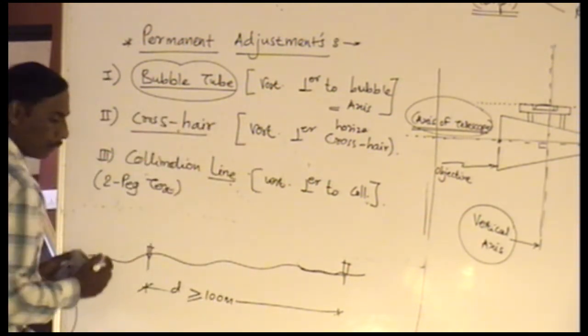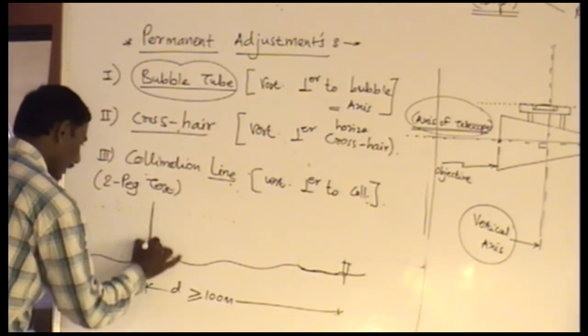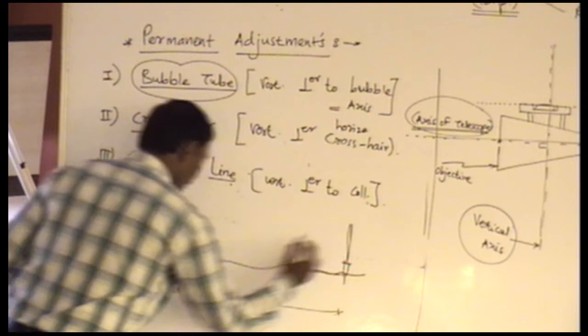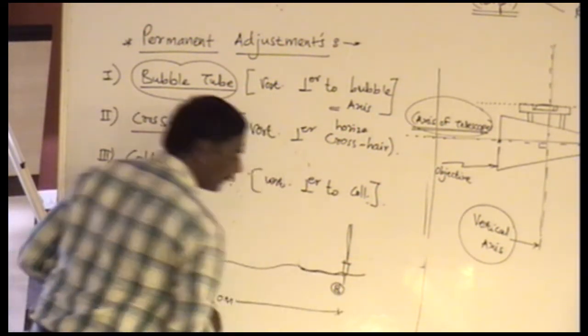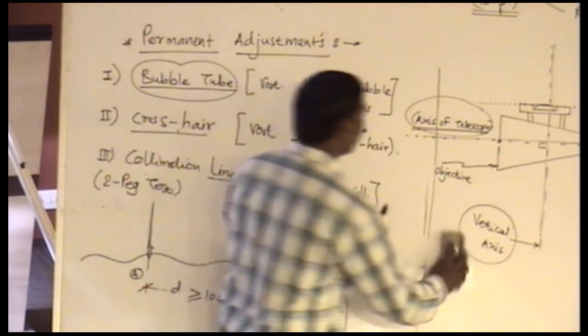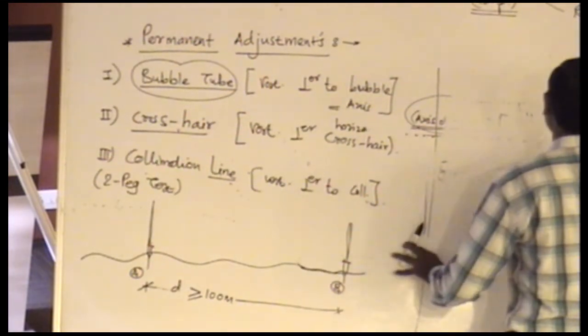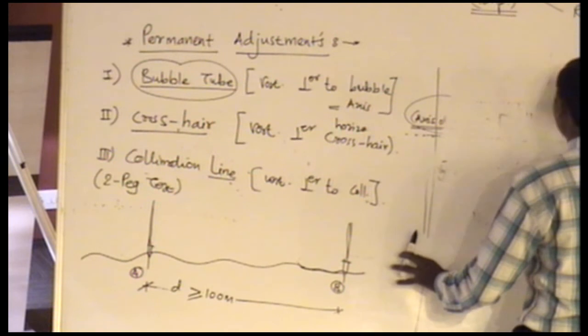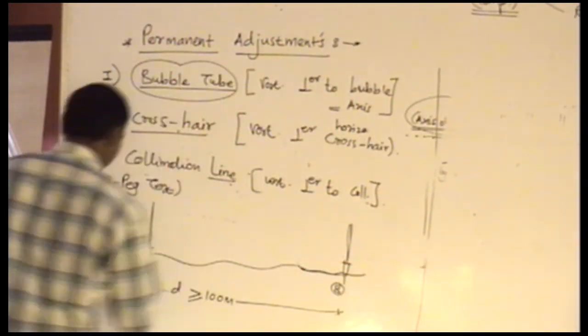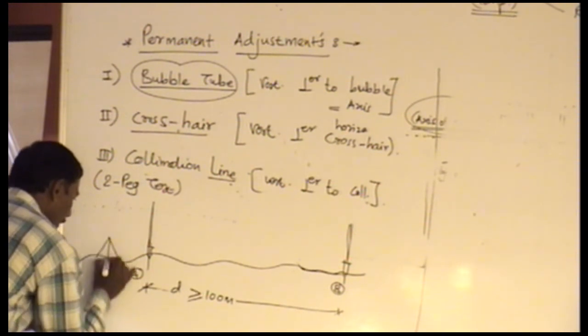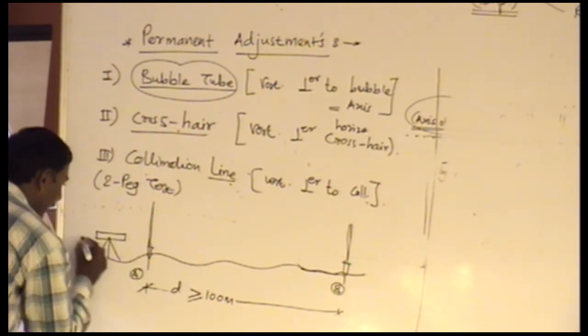Now put the staff on these pegs. Let us say this position is A, and this position is B. While taking the readings, we'll put our instrument, the dumpy level, very close to position A, somewhere here, and we'll carry out all the temporary adjustments.